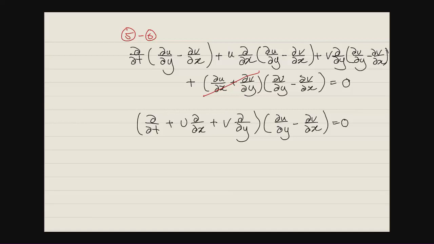Okay, and can anyone tell me what this is? Total derivative, right? Exactly. So I can rewrite that as the total derivative operator. So it just becomes d over dt of del u over del y minus del v over del x equals 0.